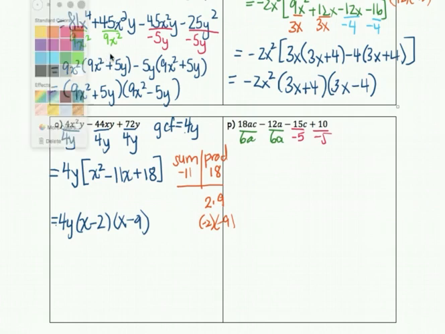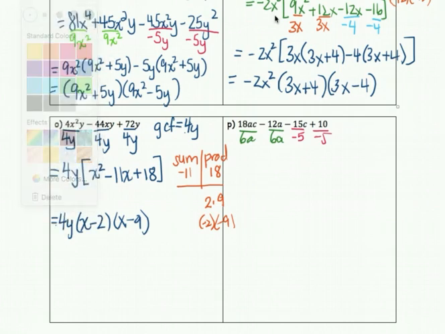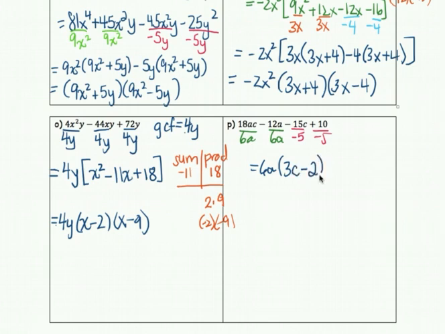Okay, so there, factor away. We have 6a comes out. So that leaves a 3c. And a -5 comes out. That leaves a 3c minus 2.